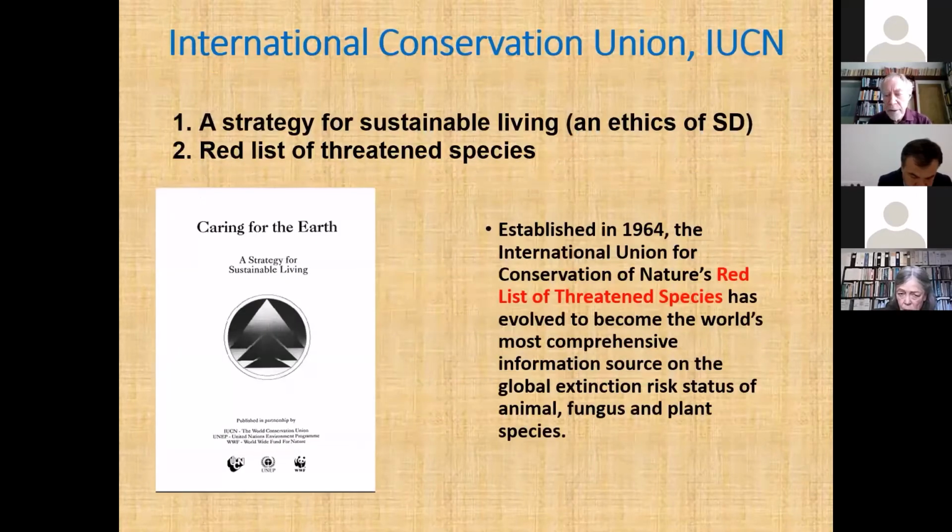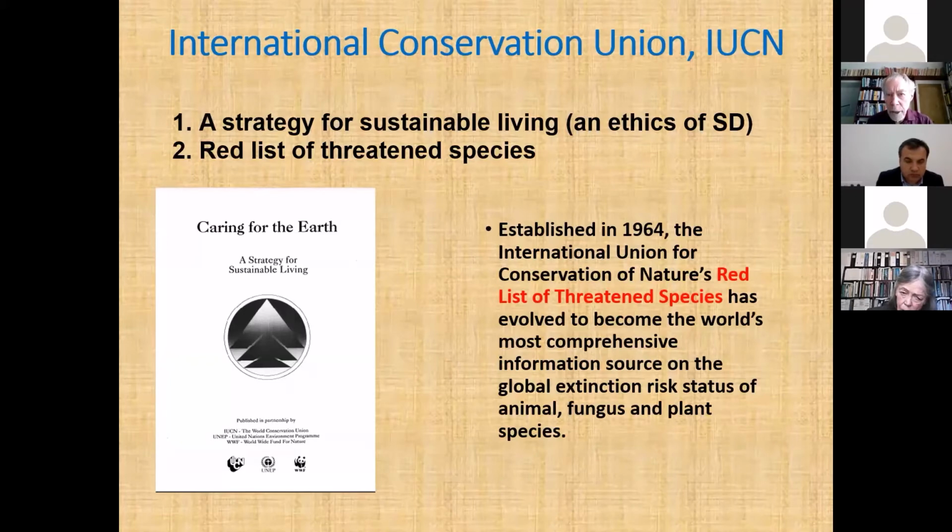There are several institutions in the world who try to work with this. I just would like to mention the International Conservation Union, the IUCN, headquartered in Switzerland. They produced several documents that especially concern the ethics of sustainable development, for example, Caring for the Earth in 1992, I believe.